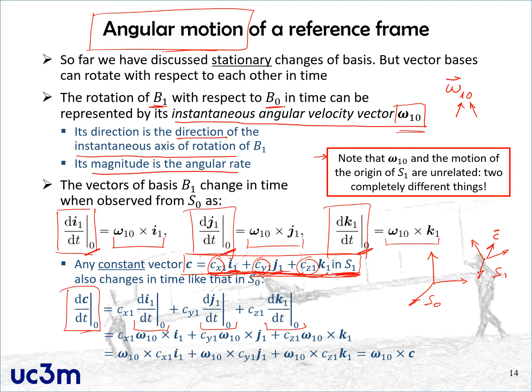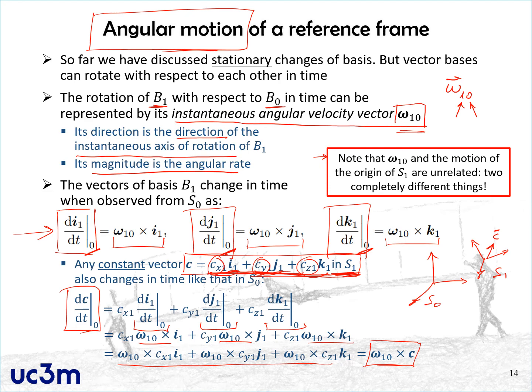Now, from the expressions above, we can replace those expressions in terms of cross products with the angular velocity vector, omega 1, 0. Reordering these cross products, you can write it like this, and finally, you see that you can more compactly write the derivative of this constant vector in this way, okay?